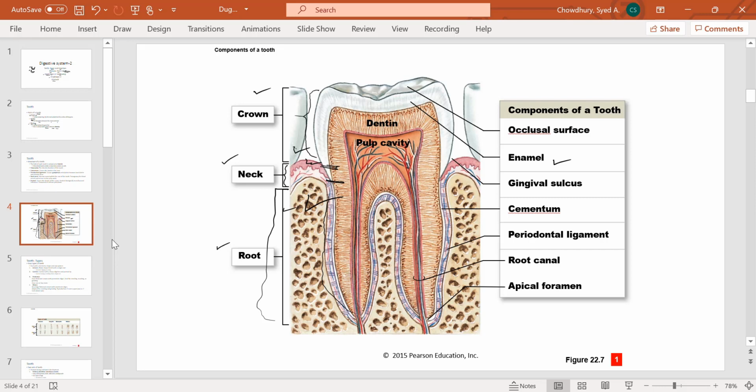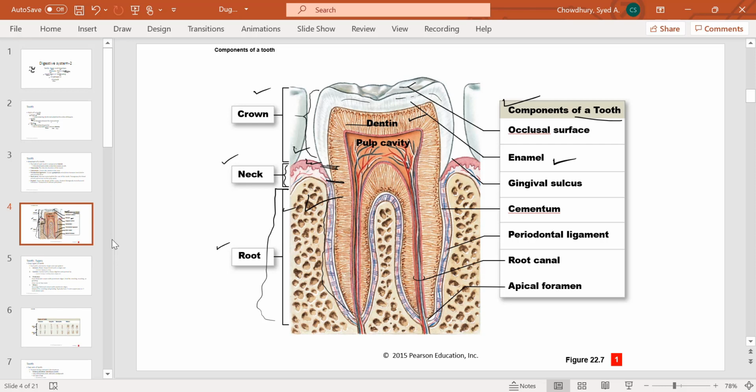Now if you cut a tooth and see the structure of it, a tooth has a number of structures. We'll see what the structures of a tooth are. The upper surface is the occlusal surface, and this outer white covering of your tooth is called the enamel. Next to the enamel, that means inside the enamel, you have the dentin.